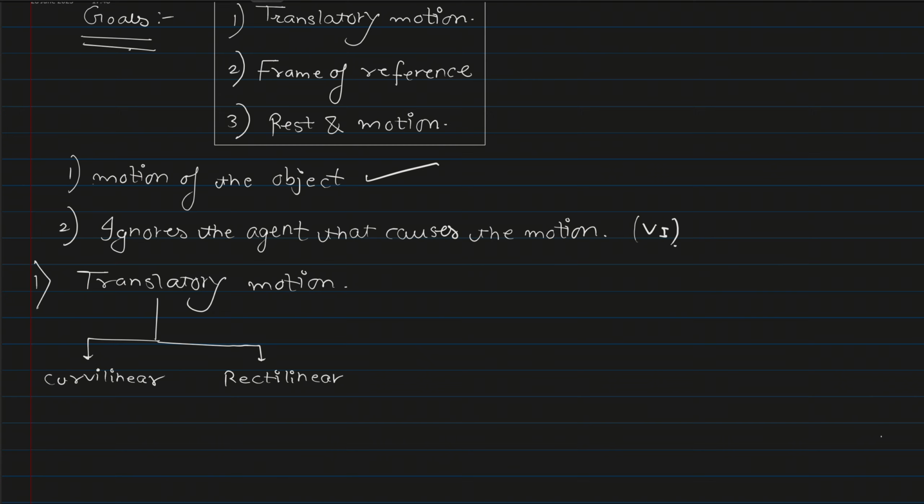Let us assume there's an object, and consider any three arbitrary points on it, A, B and C. This object is taken in this manner to some other position.